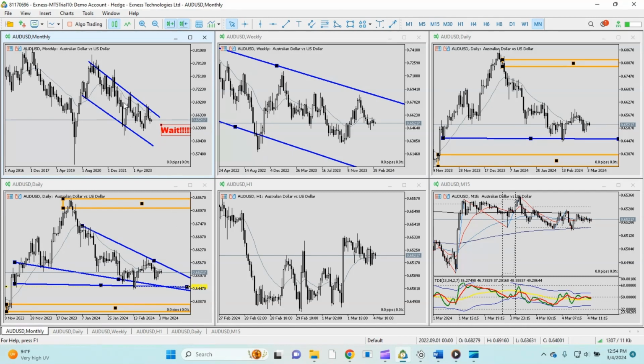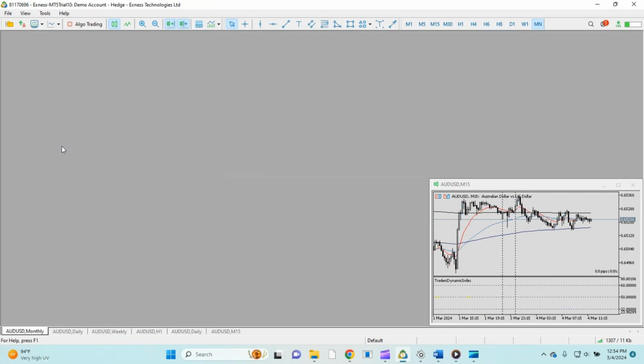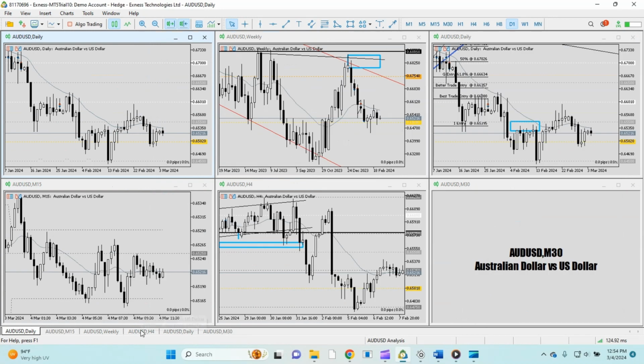Okay, this is for Australian dollar USD. We keep on monitoring this trade and see how things go. So what you do is just to save. I already have a saved one, but I've not done analysis. This one is the one I did before.